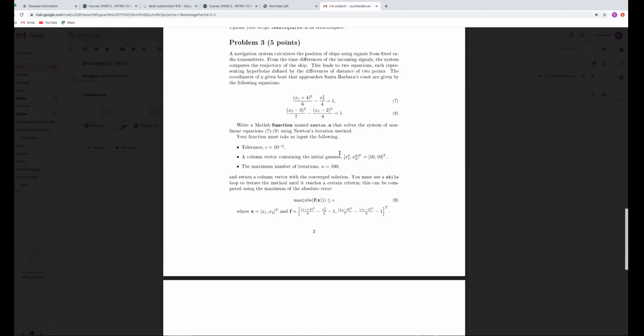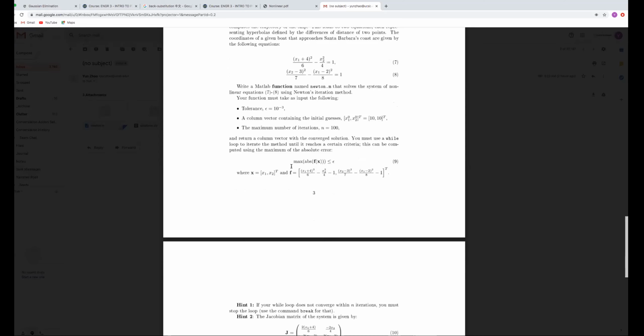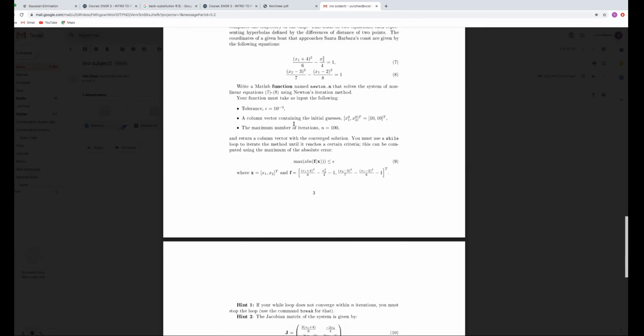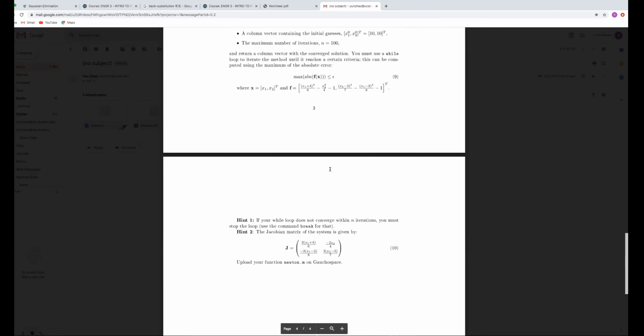And then an initial guess. So here we give you an initial guess of this. And we also give you a maximum number of iterations here, right? So this is how we use the tolerance. Whenever we find this absolute value of f(x) is smaller than this tolerance, we think it's already good enough.